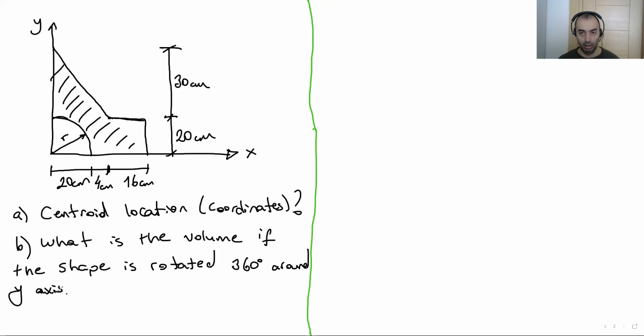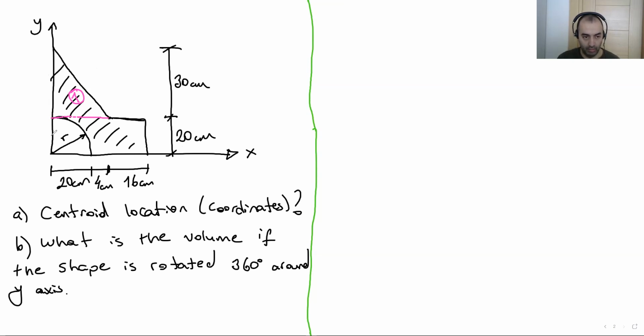To do this, by the way, let's divide this shape into basic shapes. Let me change color, the pink one. Here we can divide this part again. We have 1, this is a triangle.